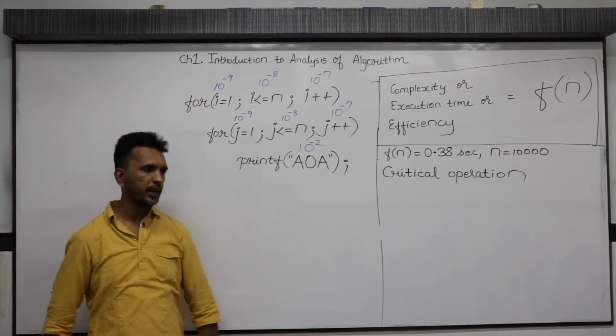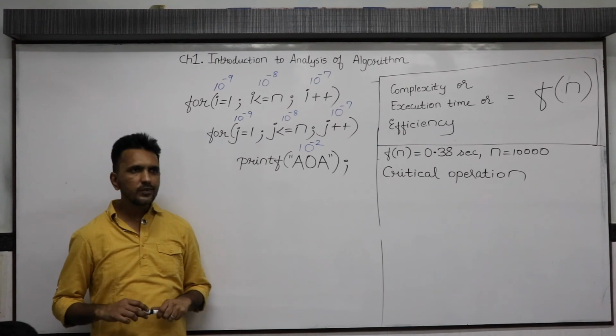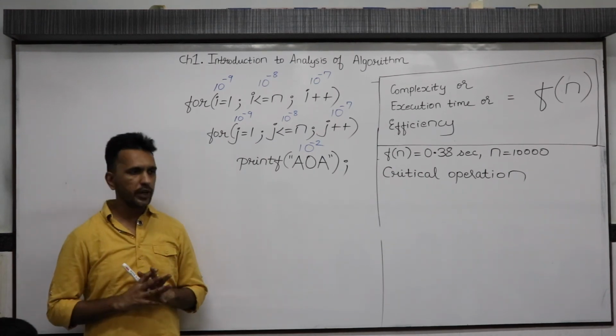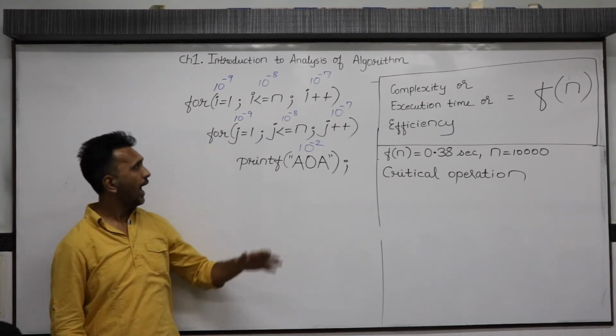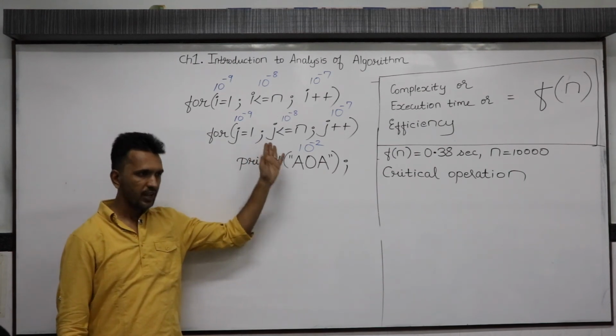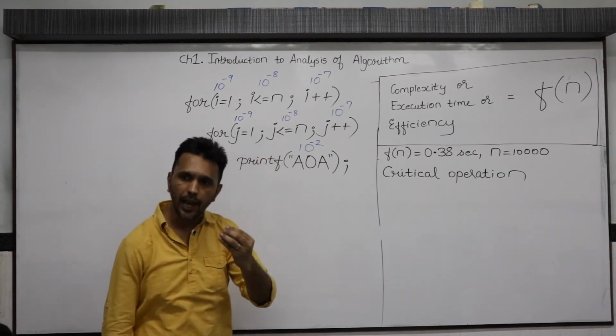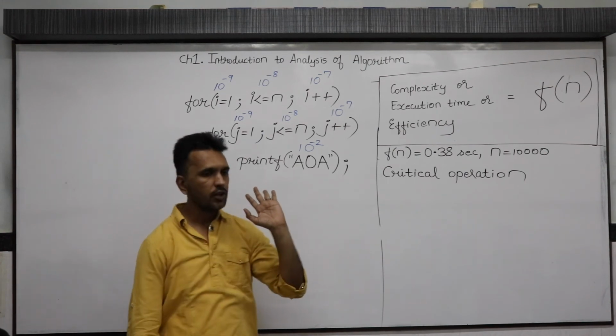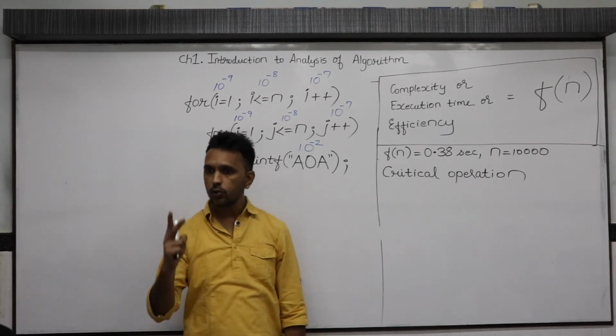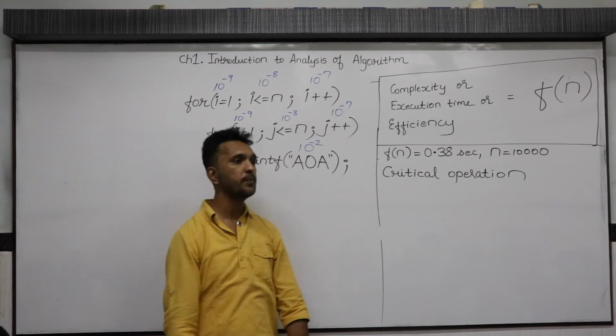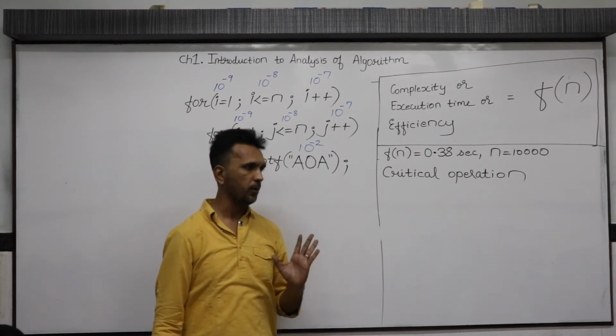So listen, be attentive. Somebody has told you to analyze this code. Now if you want to analyze any code, you should do it in 2 steps. How many steps? 2 steps. Horribly important.